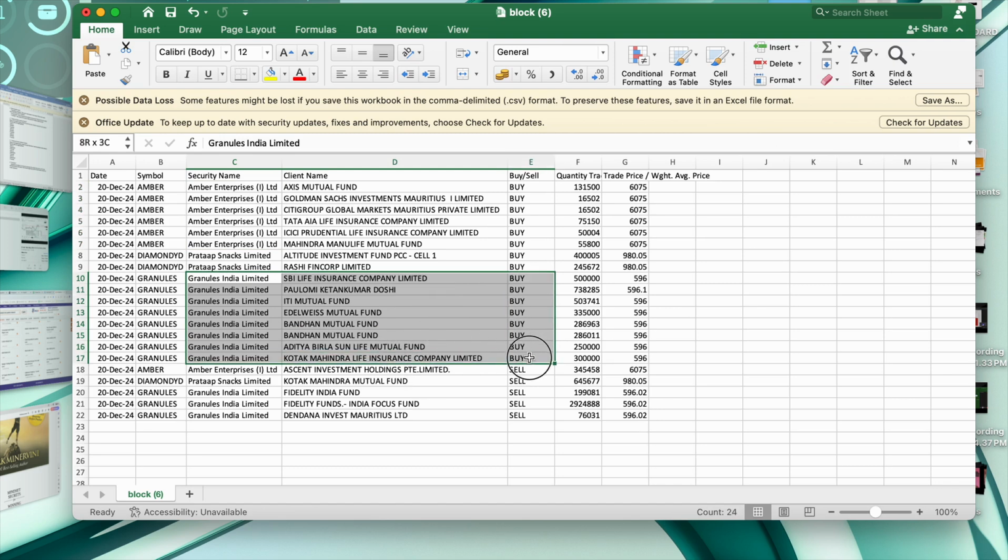If you see here, the option is buy, and a lot of mutual funds have bought Amber. Which means that there have been block deals in this section, which means a lot of people are buying this. So it basically means that the whales are buying this, while as for the fish, we don't know whether the fish has bought it, but the whales are buying it.